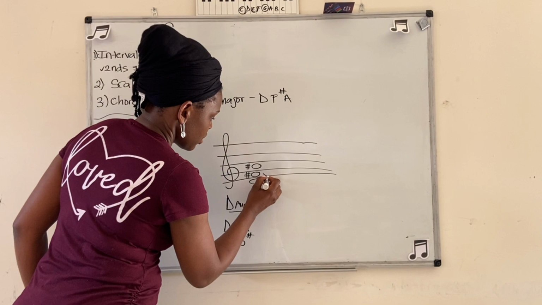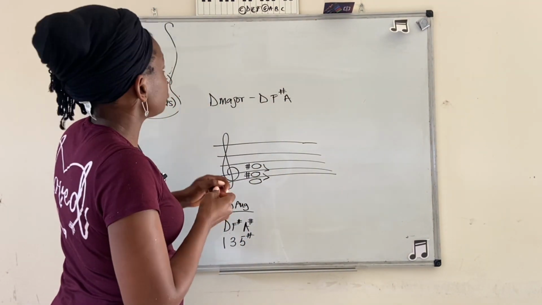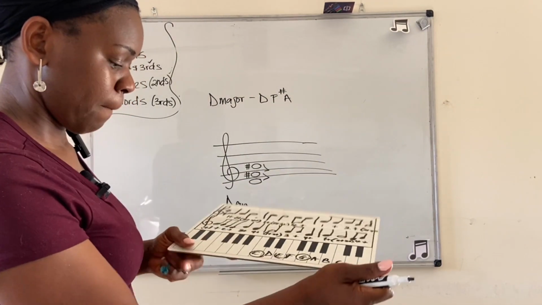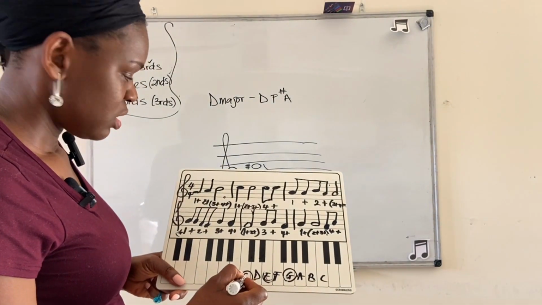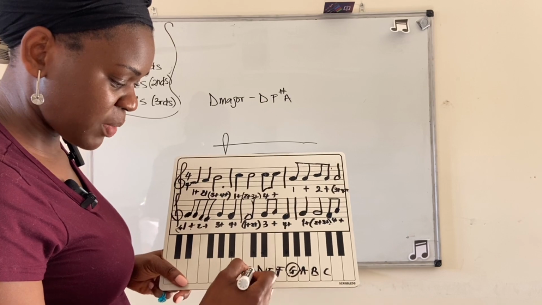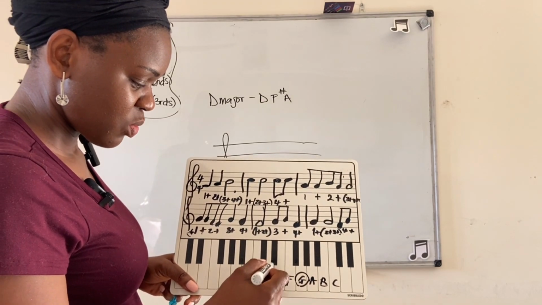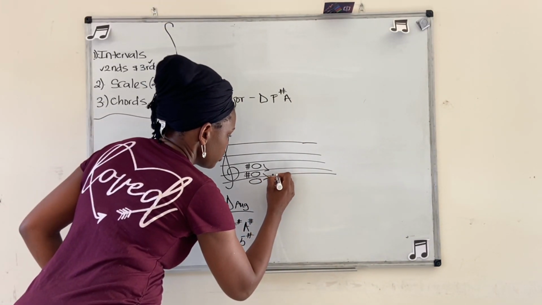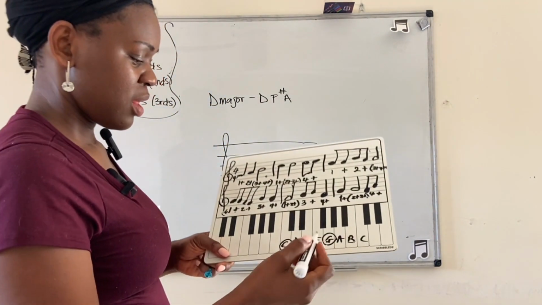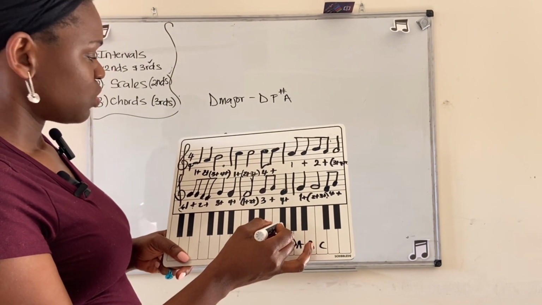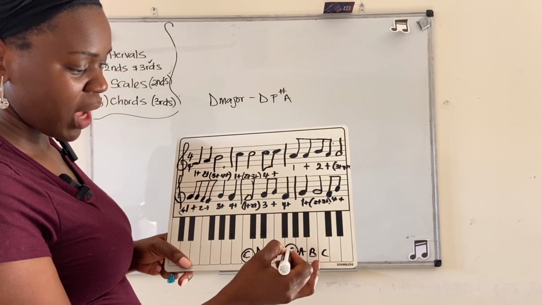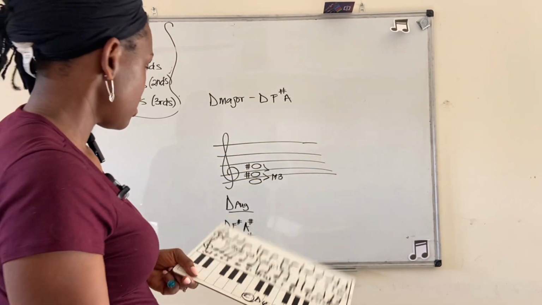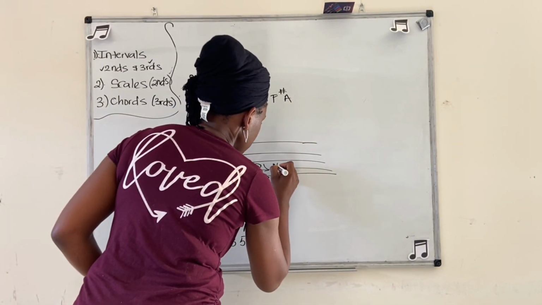So like we said earlier, I just want to conclude by doing the same thing we've been doing so far. Our D to F sharp is 1, 2, 3, 4. So it's a major third, while F sharp to A sharp is 1, 2, 3, 4 half steps, which is also a major third.